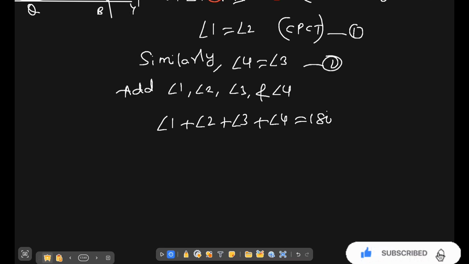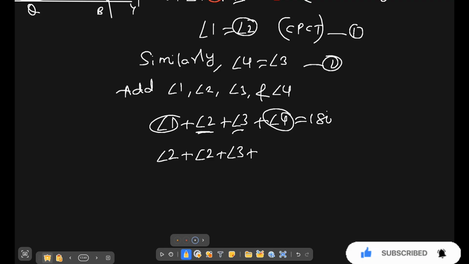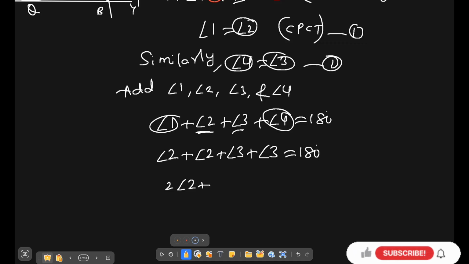Right. Now replace angle 1 with angle 2, because angle 1 and angle 2 are equal. So in place of angle 1, you can write angle 2, one more angle 2. This angle 2 as it is and this angle 3 as it is, and replace angle 4 with angle 3. Angle 2 plus angle 2 is 2 times angle 2, and angle 3 plus angle 3 is 2 times angle 3.